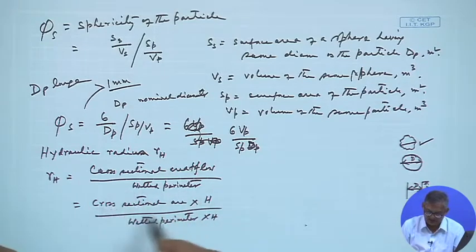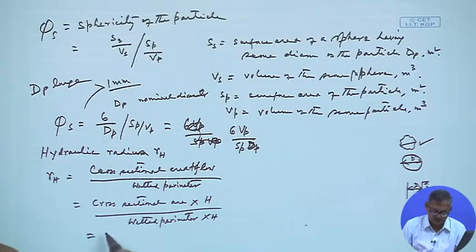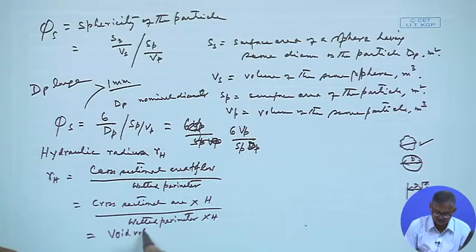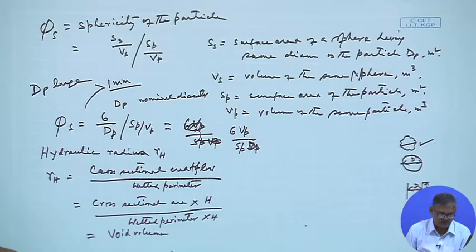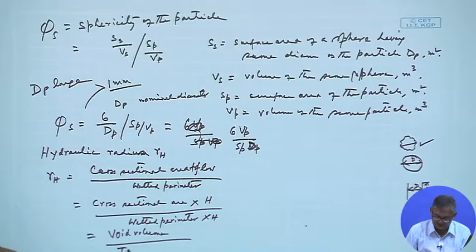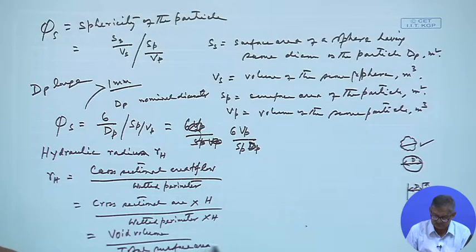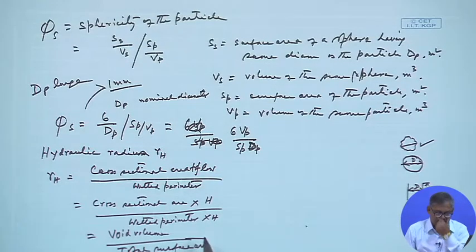Now, this is nothing but void volume, and this means wetted perimeter into H, total surface area, right.